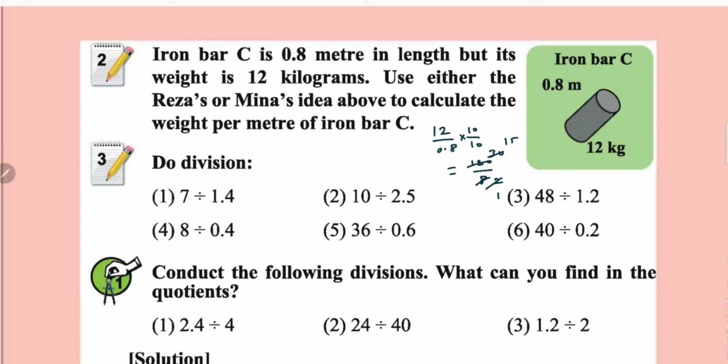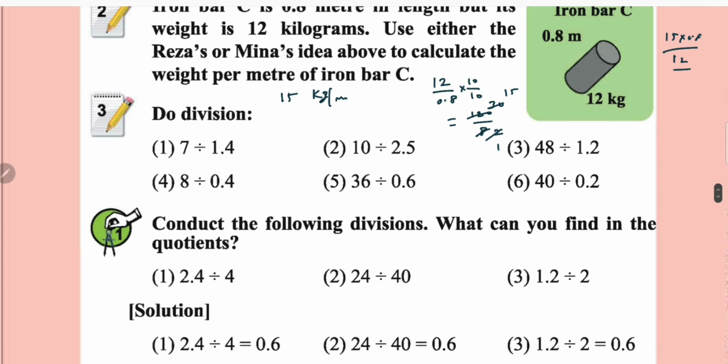So how much is it? 15 kg per meter. You can cross-check it by multiplying 15 with 0.8. You must get 12. Yeah, you got 12.